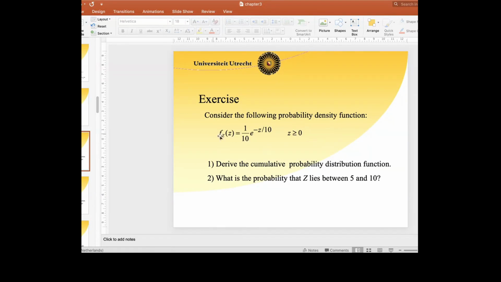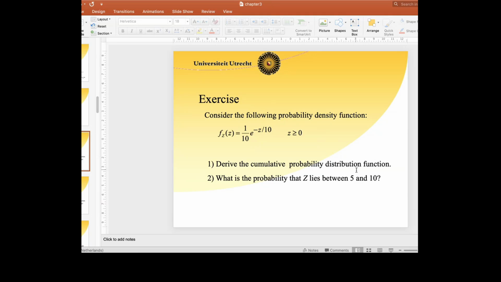For instance, this is the probability density of rainstorm intensity, for instance, of a 1 hour rainstorm.